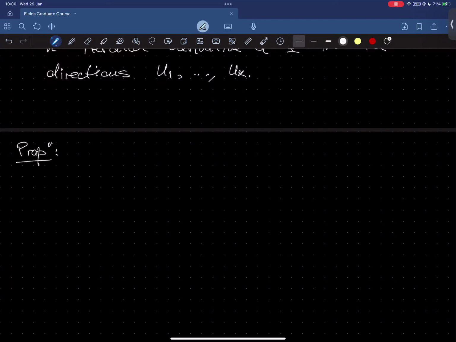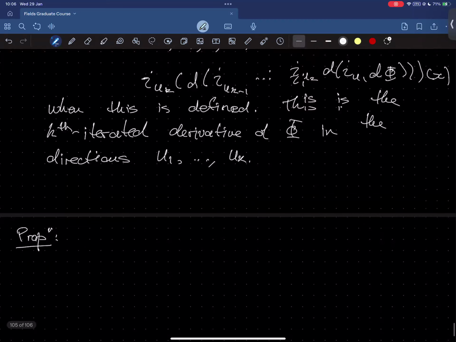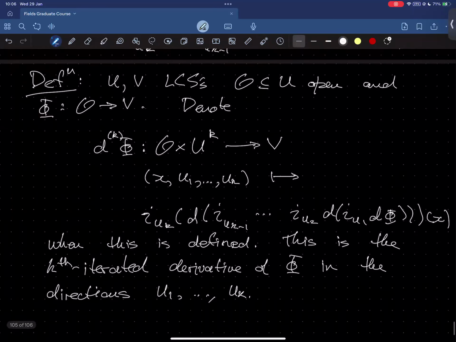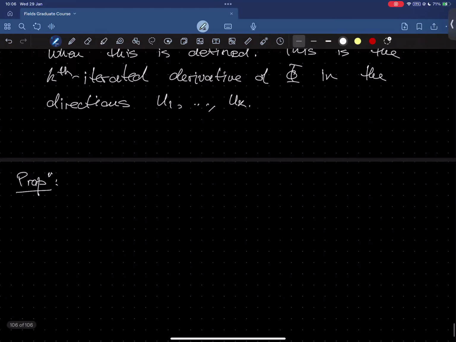With the same notation as in the definition, we have two equivalent statements. The first statement is that phi is class CK.